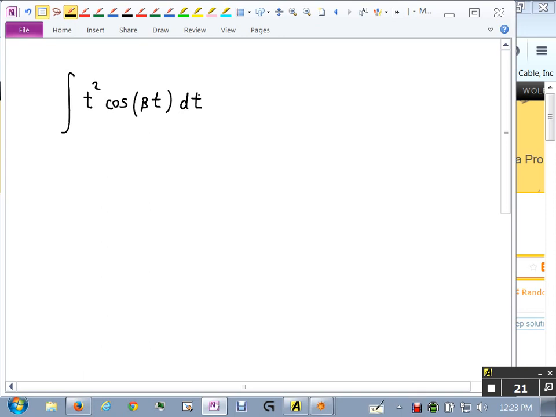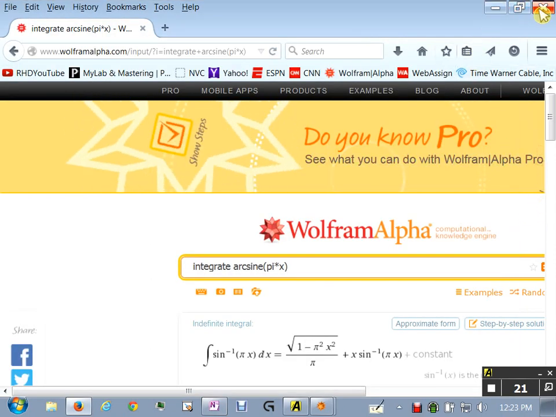So I have to do integration by parts again on that new one, which is why I'm calling this repeated integration by parts. The first integration by parts is going to reduce the power t squared down to t. Then I'm going to do it again to reduce the power t down to 1. So hopefully you kind of follow that.